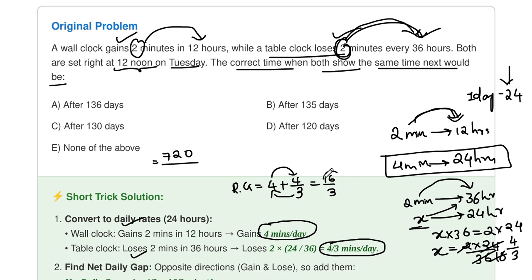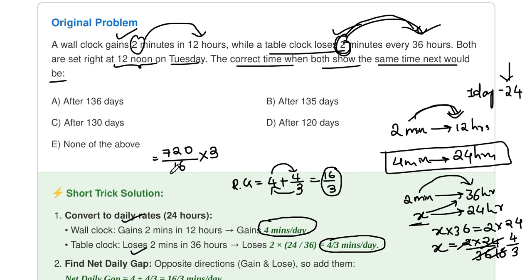The total rate is 16 by 3. If we divide by 16 upon 3, the 3 goes in the numerator. Cancelling with 16, we get 45, and 45 into 3 is 135. 3 5s are 15, so the last digit is 5, which is 135. So after 135 days both clocks will show exactly the same time.